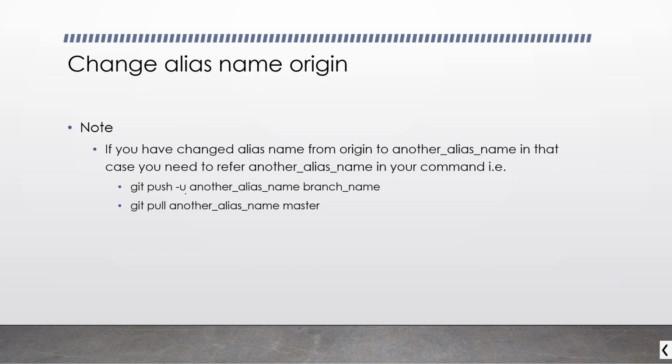For example, if you are using the command git push -u origin branch name, instead of origin you need to use the alias name that you have specified in the git clone command. Same way, if you are using the git pull origin master command, make sure that you are using the other alias name instead of the default origin, because you have changed that alias name while cloning the remote repository.